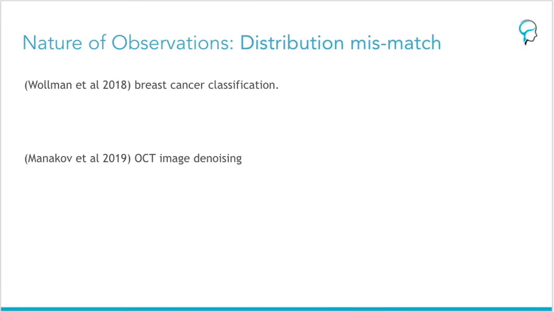They use CycleGAN to learn a mapping between the source, which is the center with high noise, to the target domain, which is the center with low amount of noise. This way, they achieve denoising of OCT images, which I thought is actually a very interesting approach.